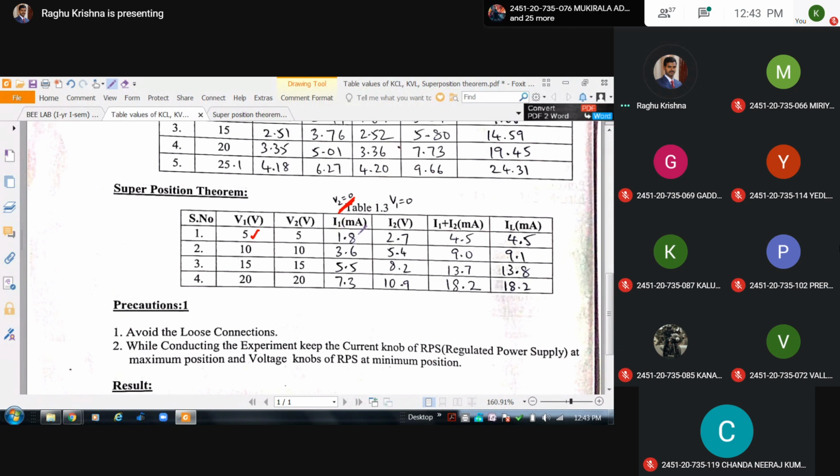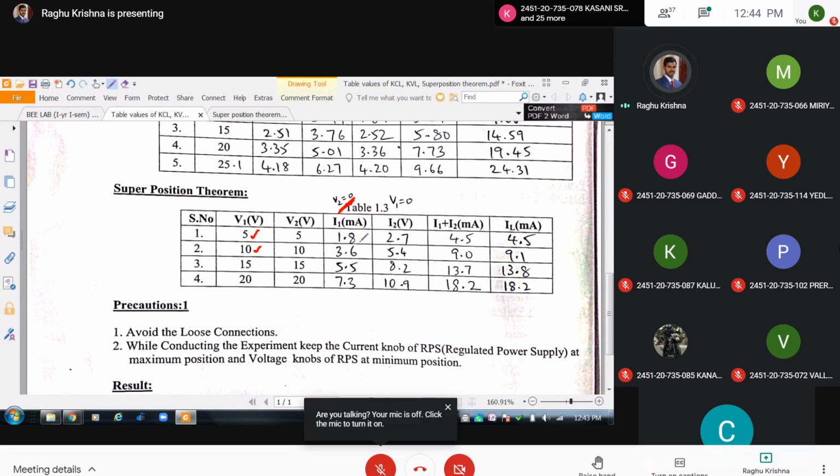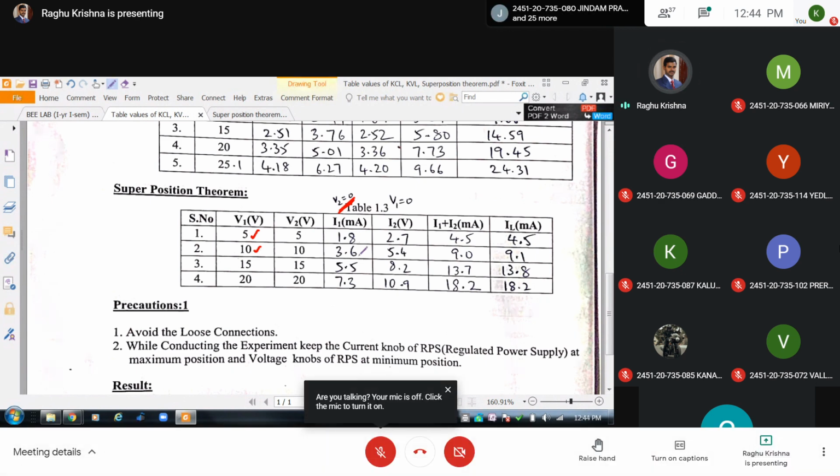Next, when V1 equal to 10 volts, V2 equal to 0, I will be getting 3.6. So first, when V1 equal to 5 volts, V2 equal to 0, I got 1.8. Next, if I increase the voltage V1, then I got I1 as 3.6. Like this, you are going to get these values.